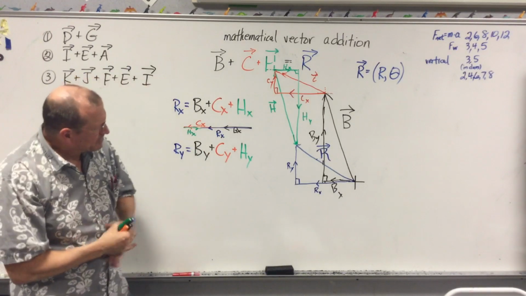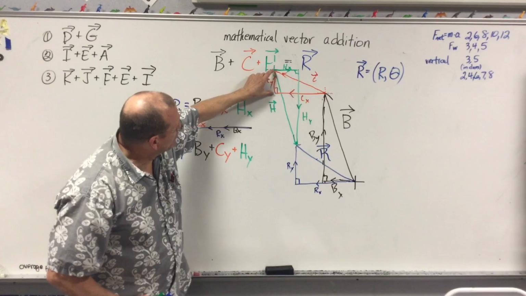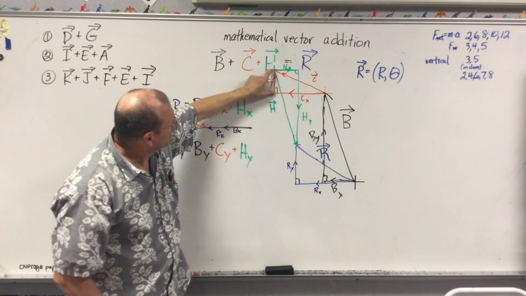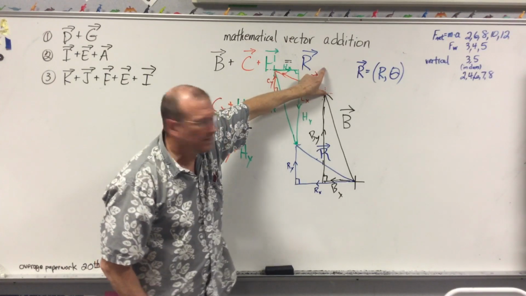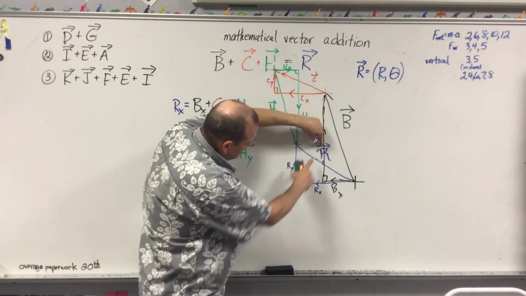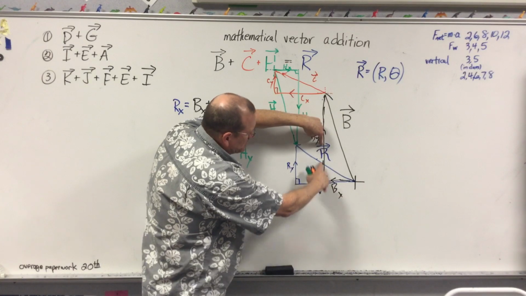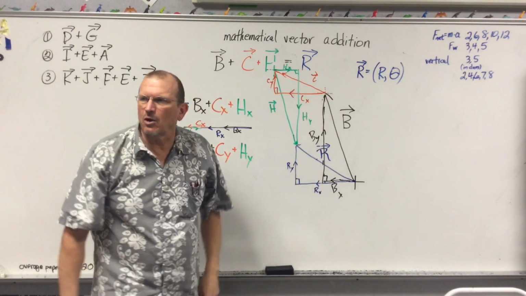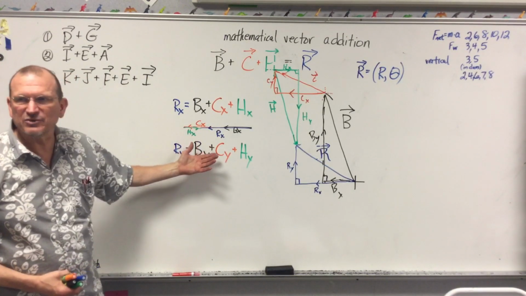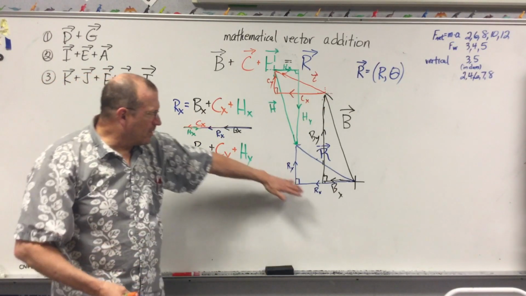And if you look in the picture, that means we would be drawing By going vertically up to here, then we would move Cy over to here, and then when we move Hy to the end of that, it brings us back to here, and then our vector would take us from the beginning of the first one to the end of the last one, and that's our Ry. Okay? So the beautiful thing here is you don't have to do any pictures for this, you're just doing math. So now we have Rx and Ry.